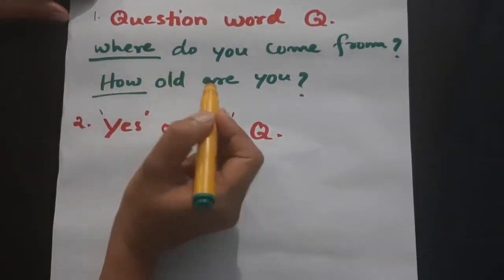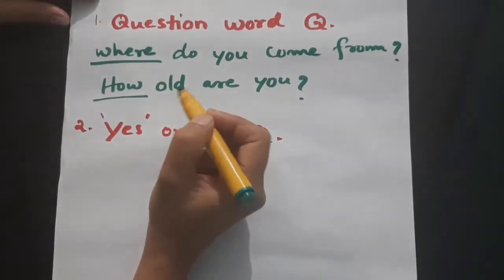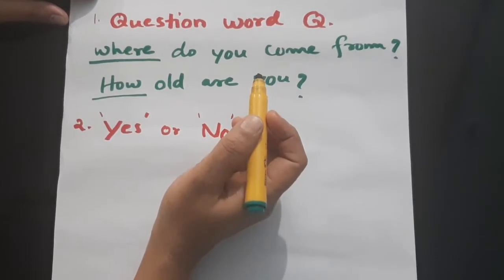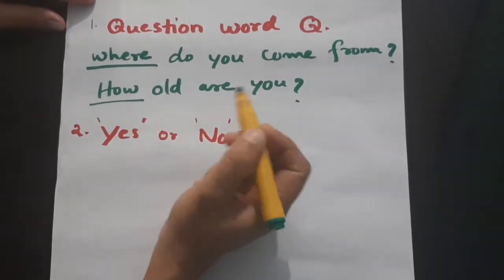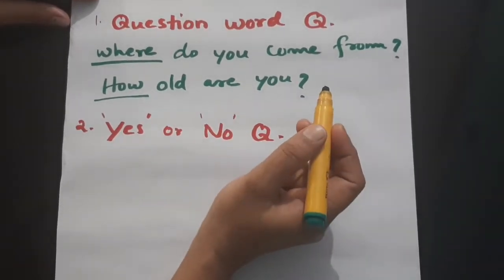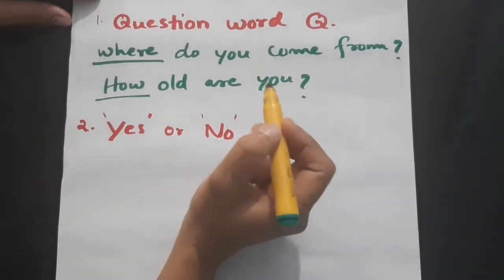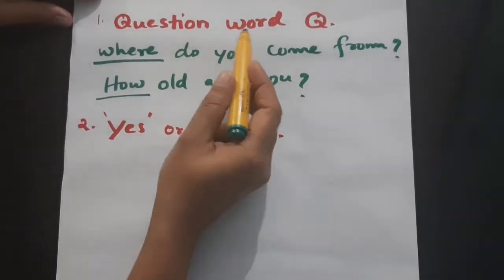Okay. For example, where do you come from? What do you want? How is your mother? Which is your book? Okay, in all these questions, you know that it starts with a question word. Okay, so this can be termed as question word question.